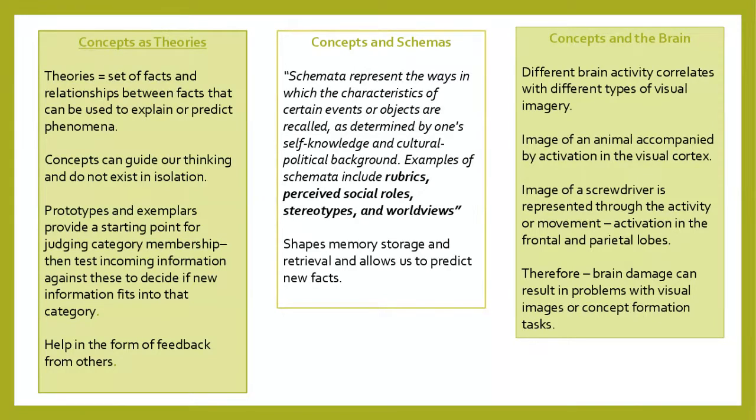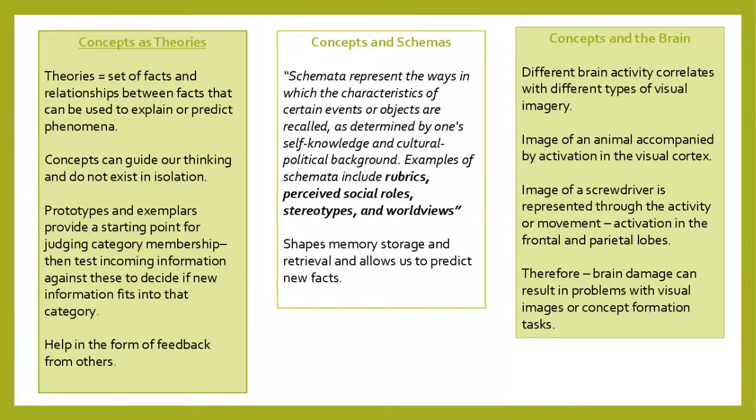So concepts also can be like a schema, and a schemata represents the ways in which the characteristics of certain events or objects are recalled as determined by one's self-knowledge and cultural political background. For example, how you think about something, how you retrieve it from your memory, are very much bound by your environment, okay, your stereotypes and your worldviews.